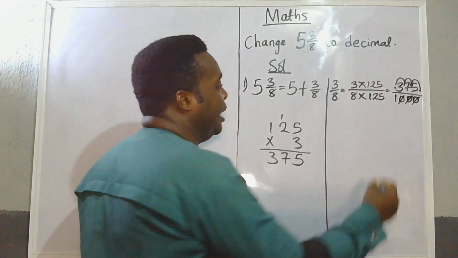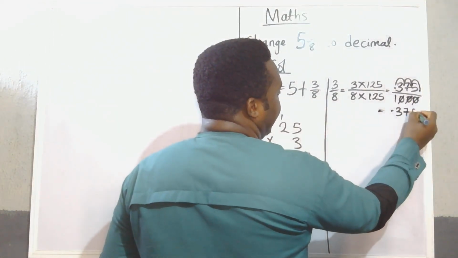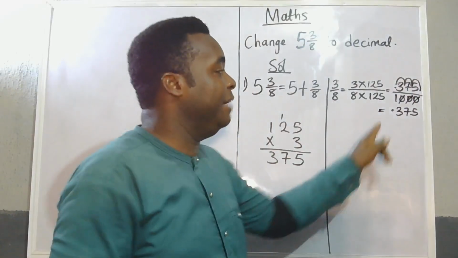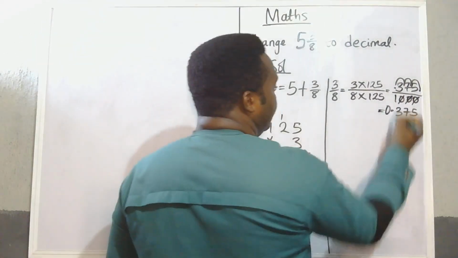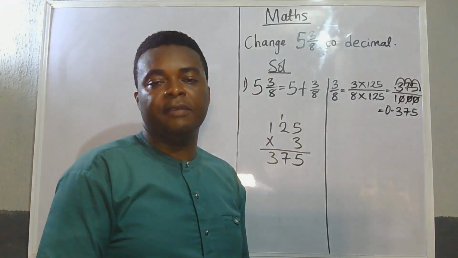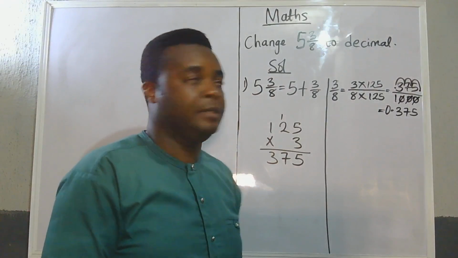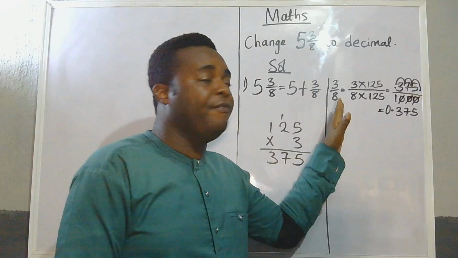As a result, my answer will be 0.375. Now, whenever there's no number in front of the point, we put a 0 there. So my answer is 0.375. Is that clear?